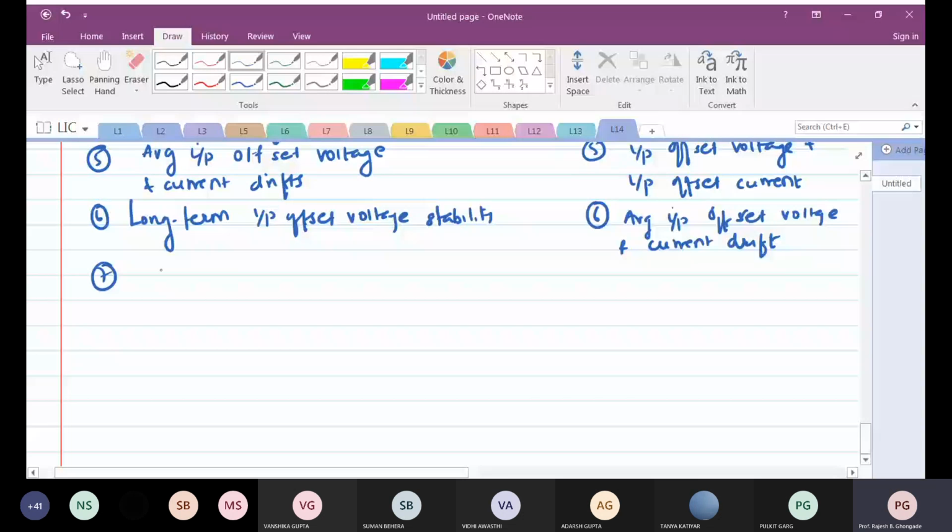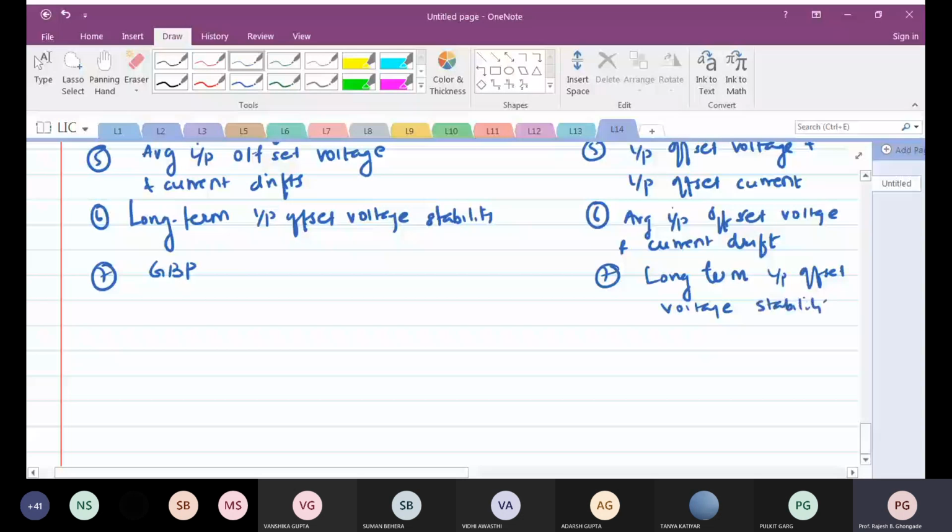Important here is gain bandwidth product. Here it is not. Here we have the long-term input offset voltage stability.